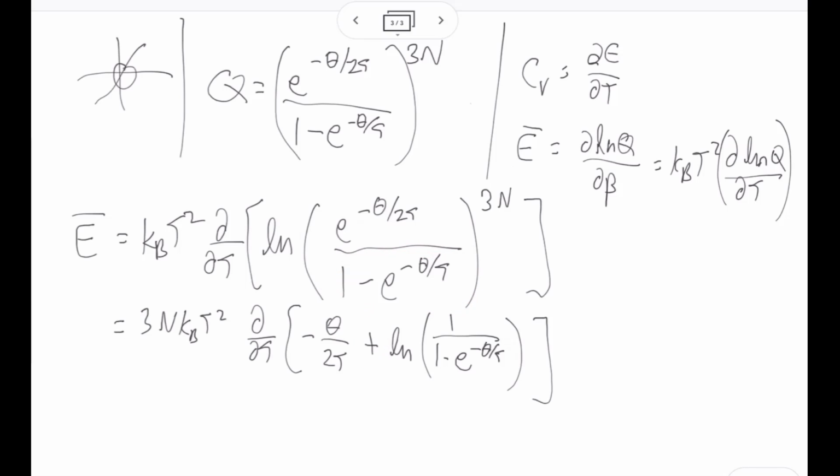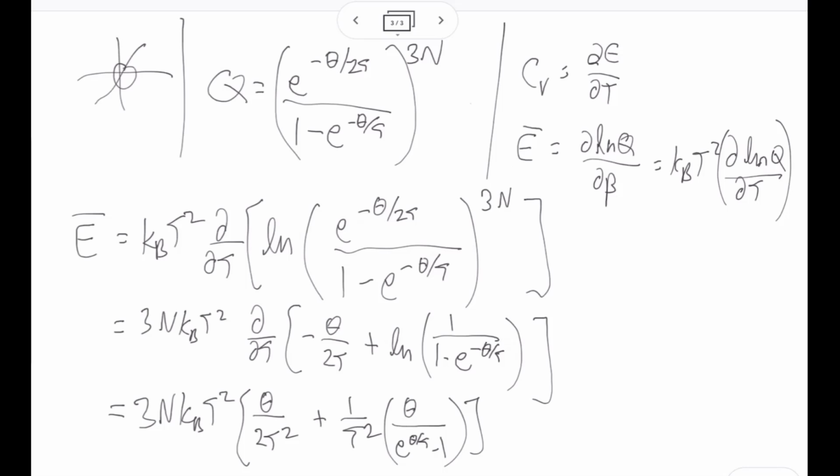To go from this to the next step requires a really long chain rule step. So I'm just going to write the answer, and I hope you will forgive me. When you do the partial t, you'll get theta over 2t squared plus 1 over t squared times theta over e to the theta over t minus 1.